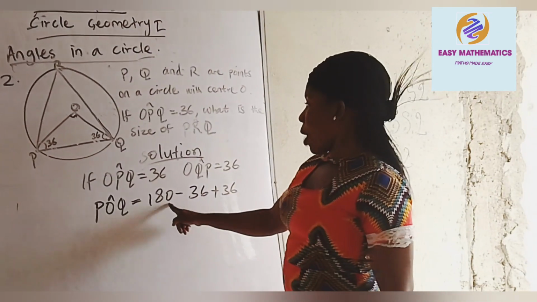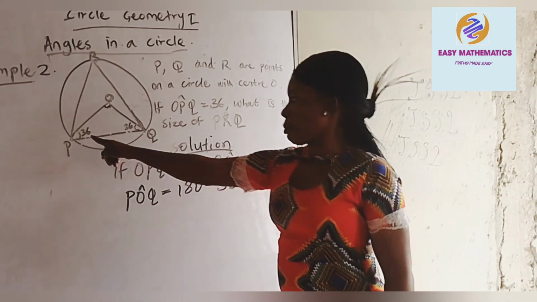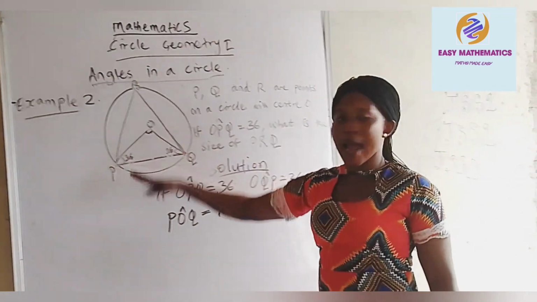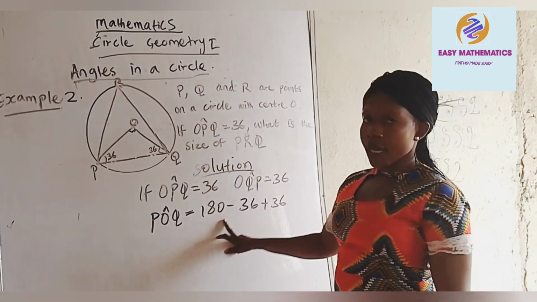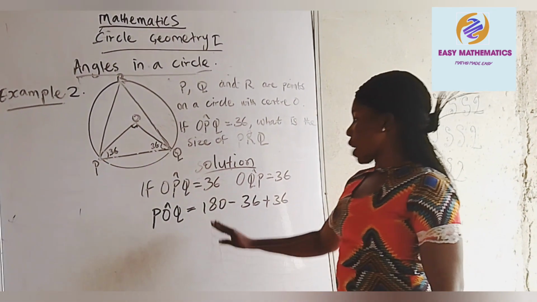That is 180 minus OPQ and OQP. Why? Because the sum of angles in a triangle is equal to 180. That is why we are subtracting.